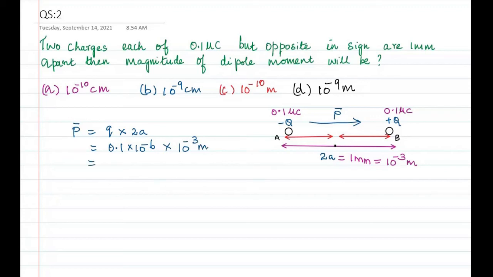Just multiply this and you'll get the answer. 0.1 into 10 to the power of minus 6 into 10 to the power of minus 3 gives 10 to the power of minus 10... you can see the options are given in terms of 10 to the power of minus 10, so make a small adjustment: multiply and divide by 10, and we get 1 into 10 to the power of minus 10 coulomb meter.